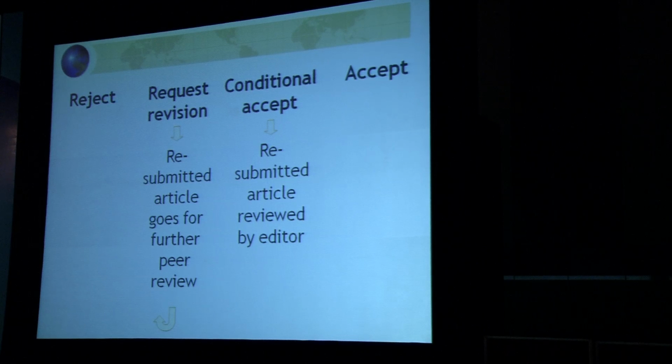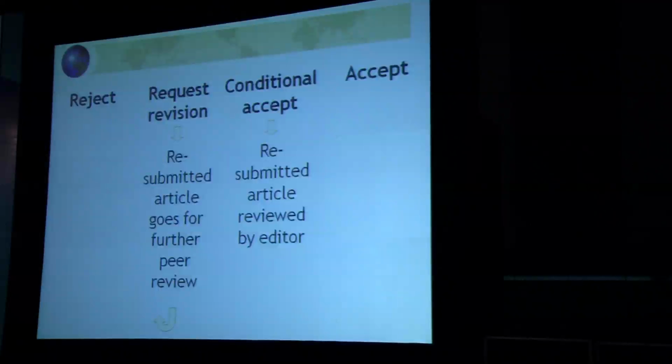So an editor shouldn't say this is accepted, and then that offer is taken away. That can't really happen. All that can happen with request revision is we say, this can't be published now. If you change it, it might have a chance.